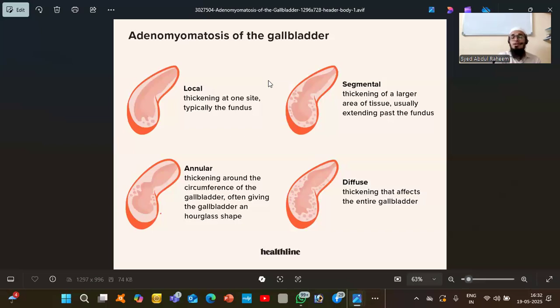So you need to do CECT sometimes. Okay, that is contrast. In that you will get to know whether the thickening is normal or abnormal according to the image. Okay, so these are the liver and gallbladder pathologies.